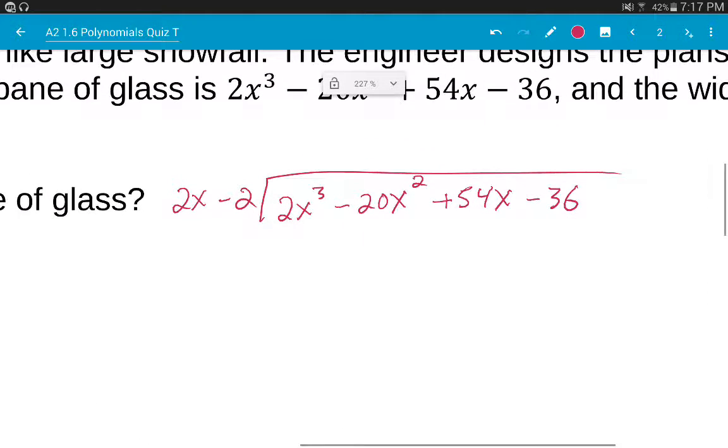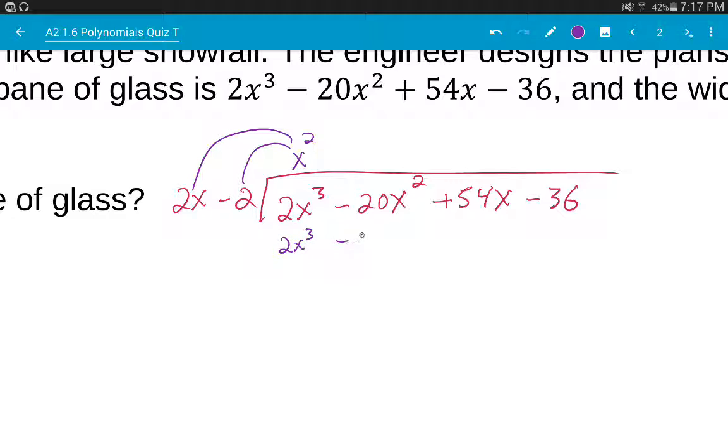Now we'll do the division. 2x goes into 2x cubed, x squared times. x squared times 2x is 2x cubed. x squared times negative 2 is negative 2x squared. Parentheses and subtract. Those cross out. Negative 20 minus a minus is negative 20 plus 2, so that's negative 18x squared. And bring down the positive 54x.